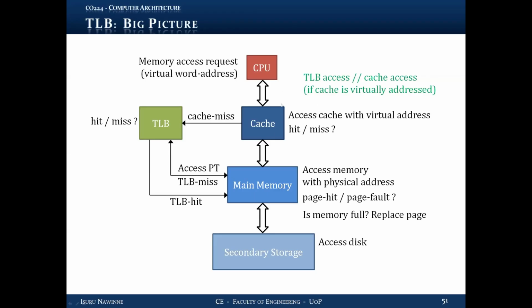So that is if the cache is virtually addressed. If the cache is indexed with virtual addresses, then this TLB access can be overlapped with cache access if the cache is virtually indexed, right?